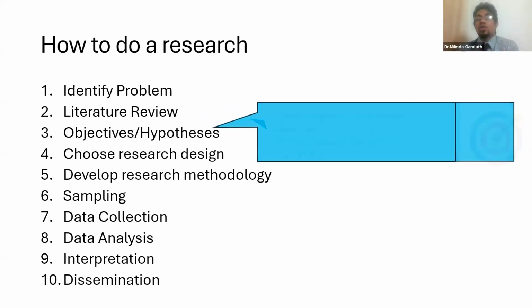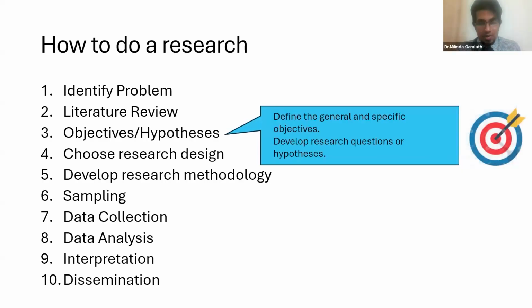Next, you have to develop your objectives and hypotheses. So objectives are basically what you expect out of your research, right? There are general objectives and specific objectives. General objectives are for your entire research, and that you can divide into specific objectives.